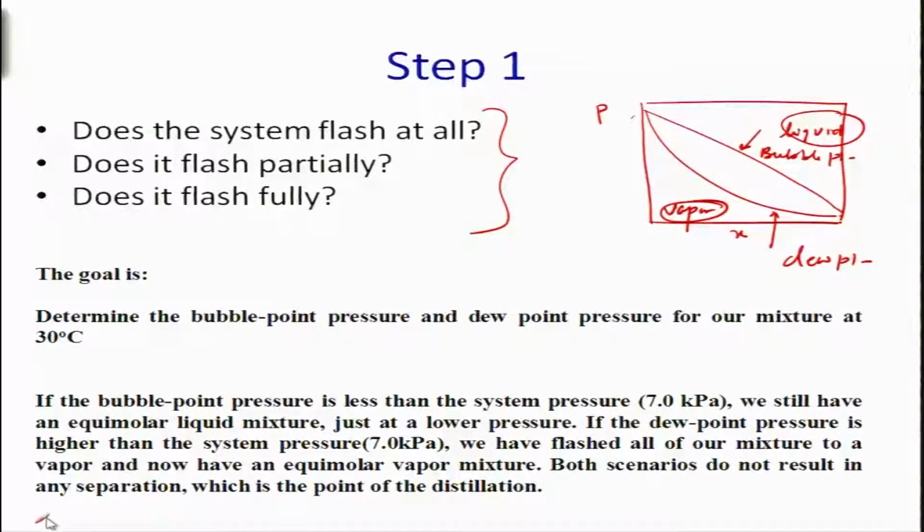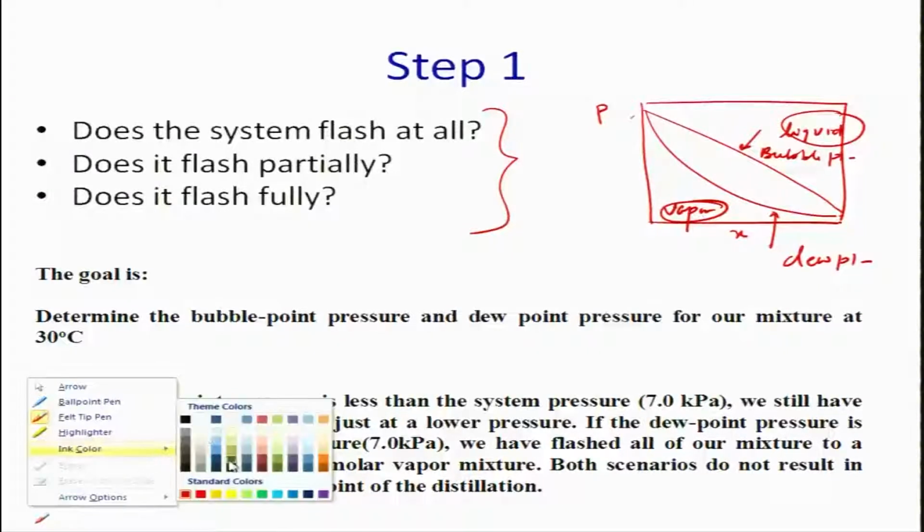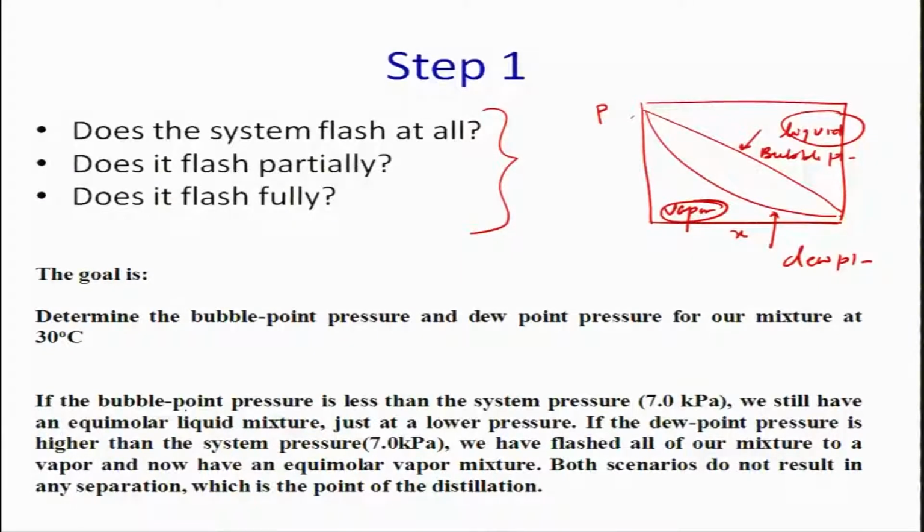Now, if you pay attention to this, let us say for a given concentration in the system, you are asking whether it is going to flash partially or fully. For a given composition, in this case equimolar, so it is 0.5. If you draw a line here, what are you going to get? There are two pressures, right.